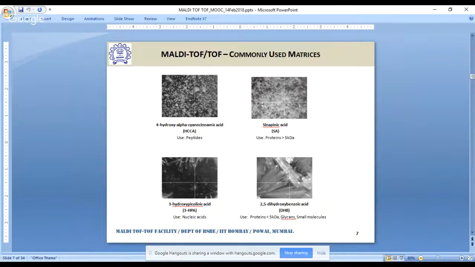So these are just a few of the examples of matrices that I use. There are many more depending on the type of sample. There could even be a combination of different matrices. Some salts could be added in. Some other phosphorus containing compounds could be added to enhance the capability of the matrix.